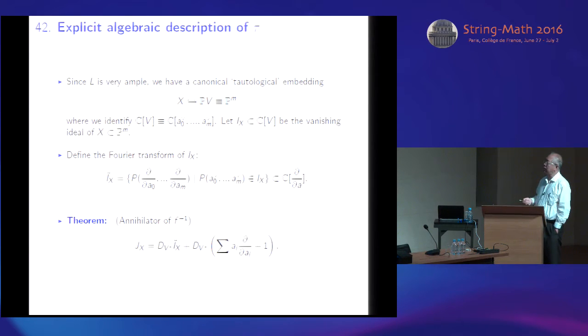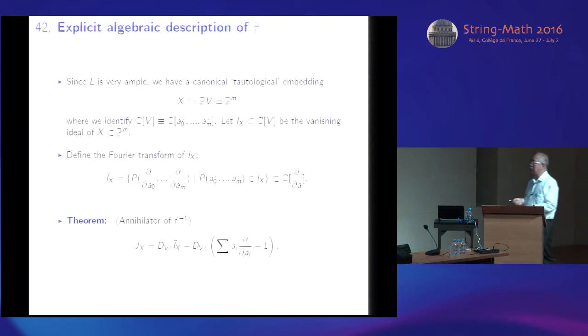So this defines I tilde X, and we can prove that J_X that we defined earlier is generated by D_V star acting on here, plus D_V star acting on this Euler operator. Okay?